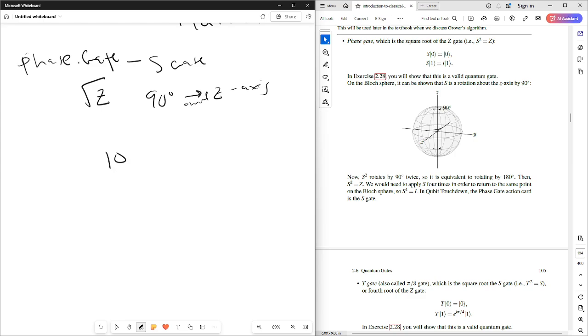It takes 0 and leaves 0, because that's what the Z gate did as well. And S of 1 gives us i of 1.